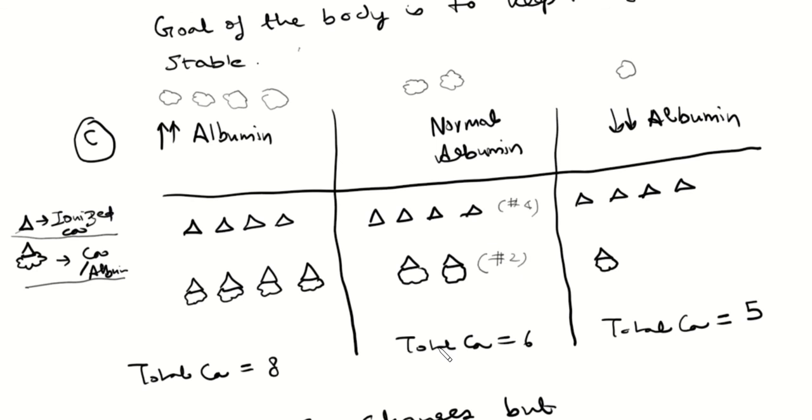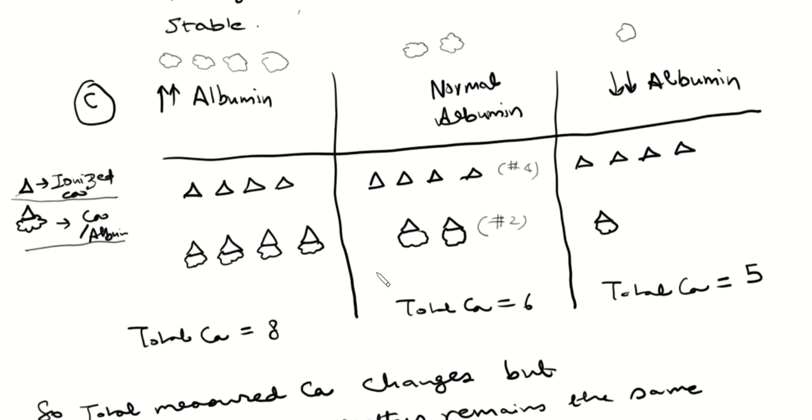And so when I measure calcium in this patient, I'm going to get 1, 2, 3, 4, 5, 6 calcium, right? Perfect. Here I have 4 ionized calcium, and I have 1 ionized calcium that's combined with albumin, which is 1 albumin. And so my total calcium measured here would be 4 plus 1, 5, right? Easy.